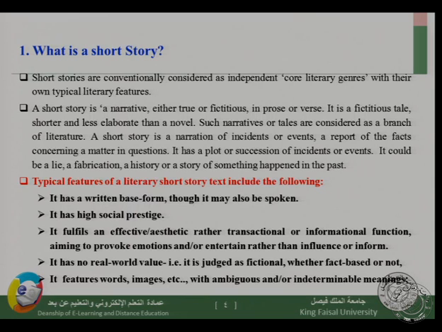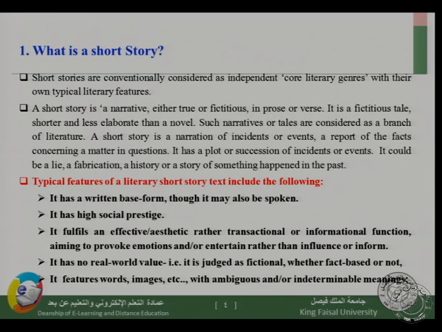It's an independent speciality, and a short story is some kind of narrative. This narrative could be true or untrue or fictitious, or this short story could be in prose and in poetry or in verse.